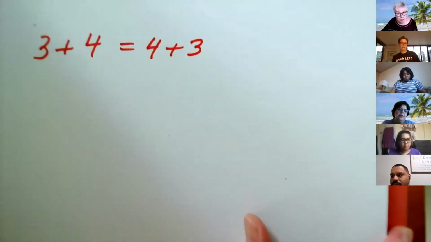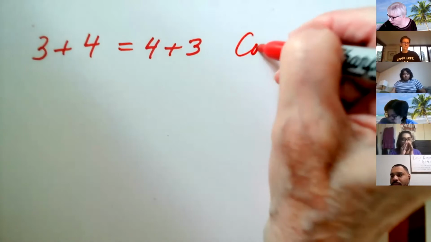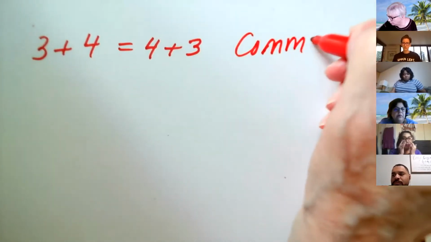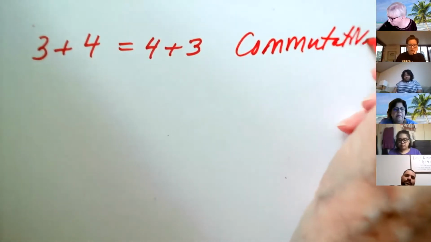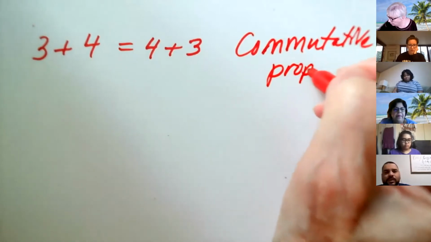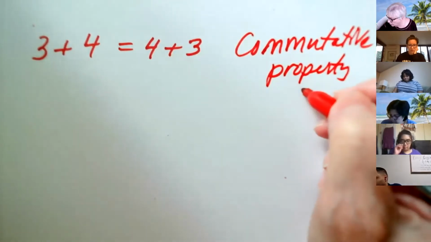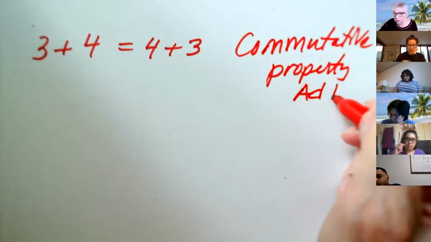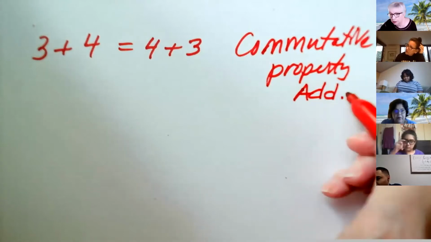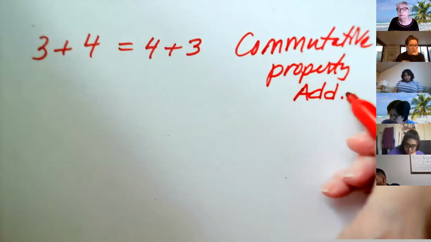As an example, this is a reminder that this is the commutative property of addition. I'm just going to abbreviate here. Addition.